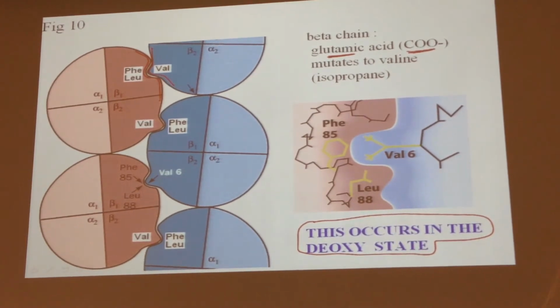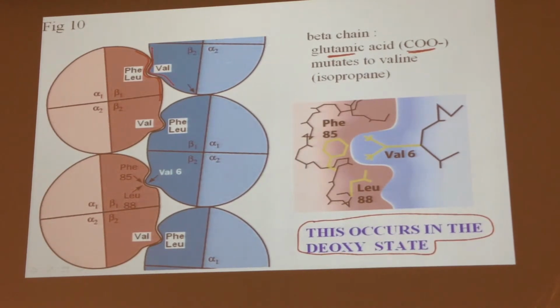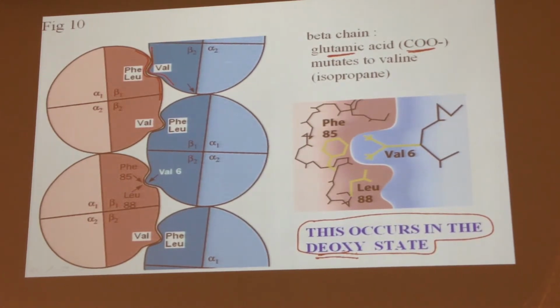So those then pair up with each other and make this fiber. That's going to be an important part of our story this morning: the fibers form in the deoxy state, when the red blood cells are low on oxygen.